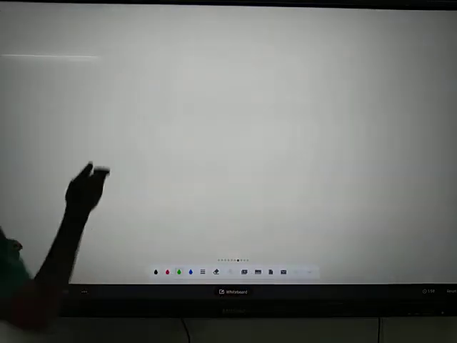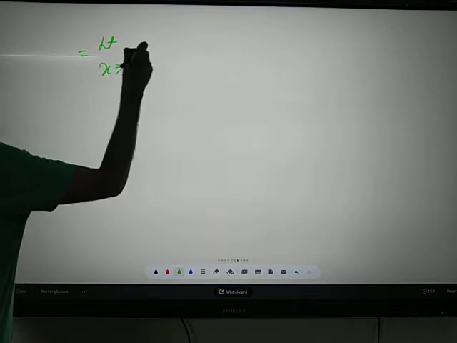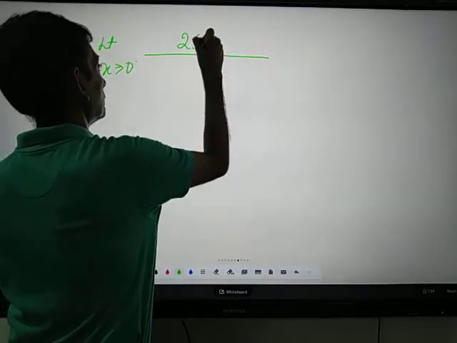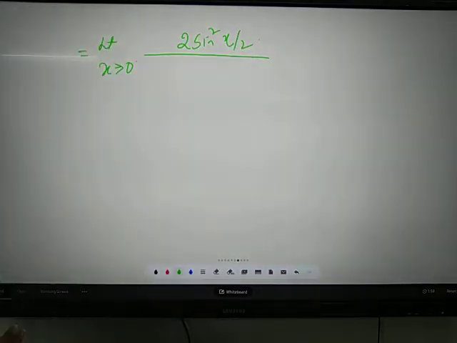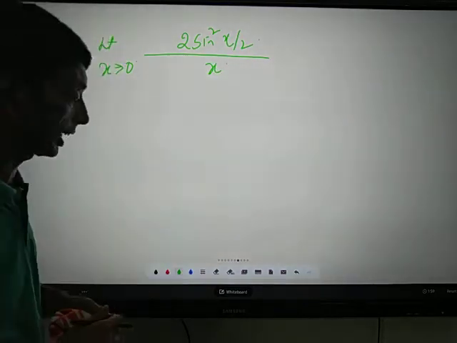So limit x tends to 0. Let me repeat the steps: 2 sine squared x by 2, and the denominator is x.